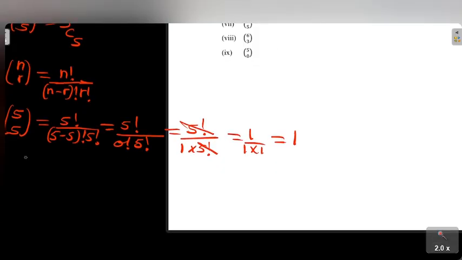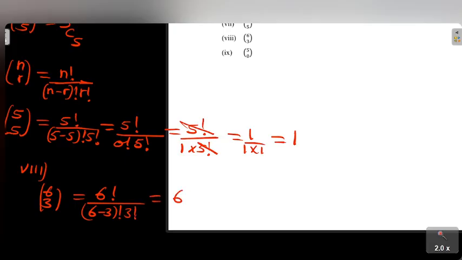Then we have our part 8. For part 8, what we have is 6 combine 3. This will be equal to 6 factorial over 6 minus 3 factorial, 3 factorial. Now we're going to reduce 6 factorial up to 3 factorial.